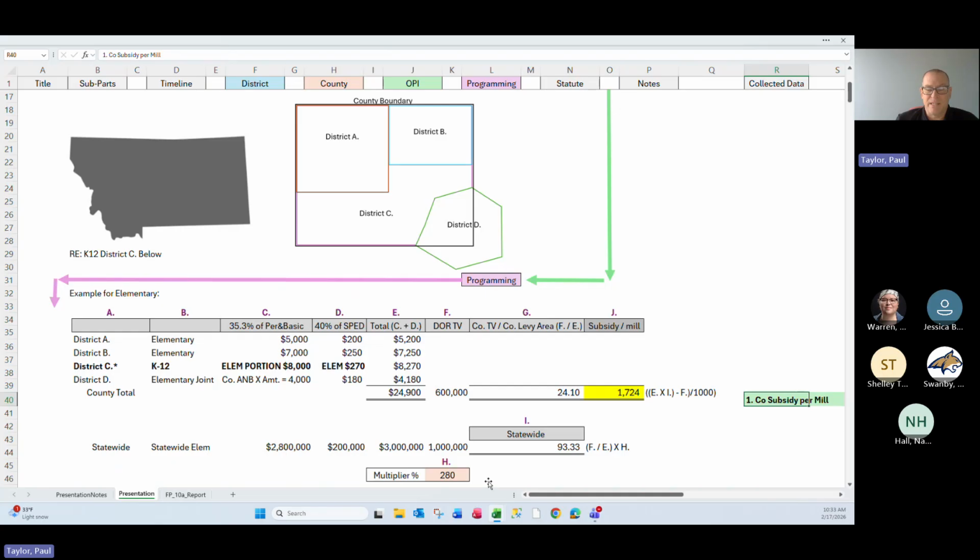So the first thing we're going to have to do is determine how much GTB we distributed in 2026. Then we're going to add 3% to it and say, okay, this is the amount we need to distribute to counties in 2027.